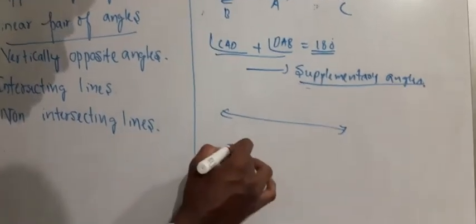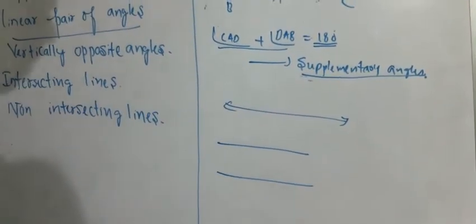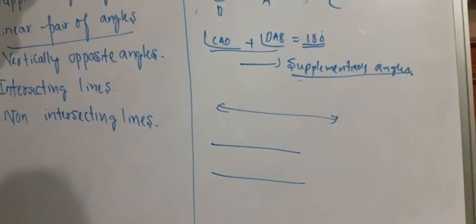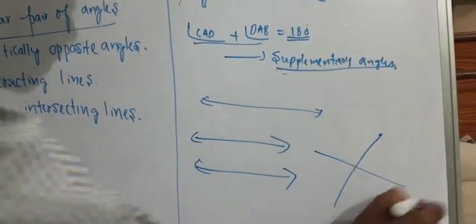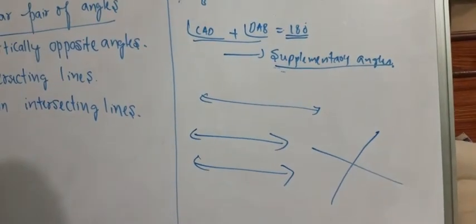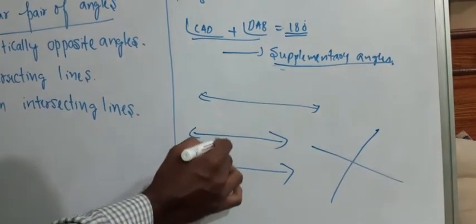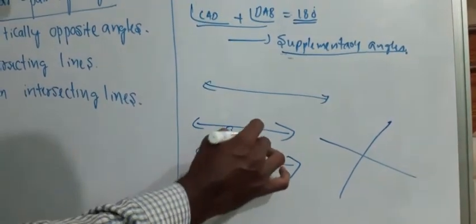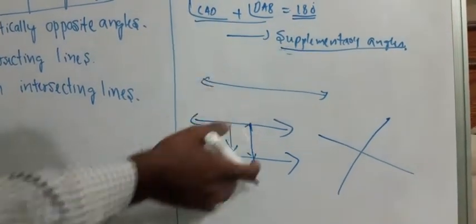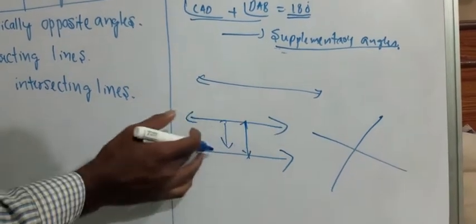vertically opposite angles. Before that, these are the two lines. These are the lines which will not intersect at any point, and the common perpendicular drawn between the two lines is the same across all points.